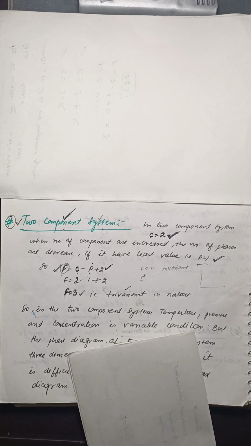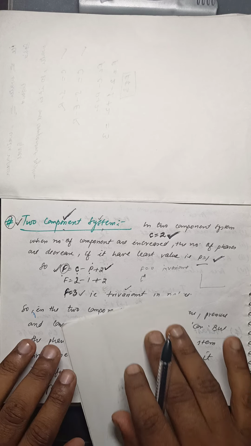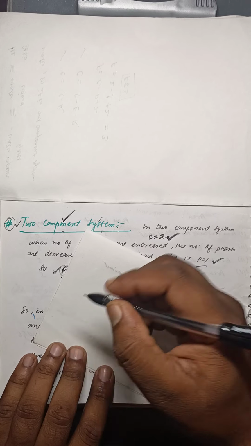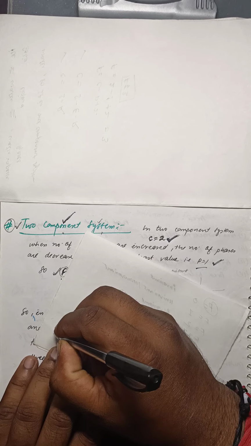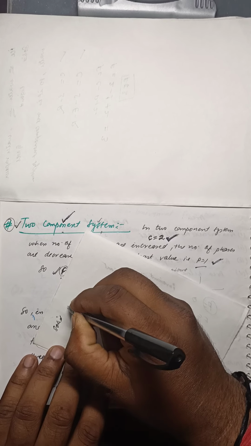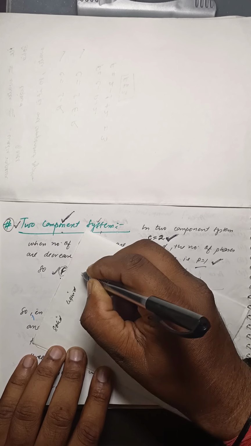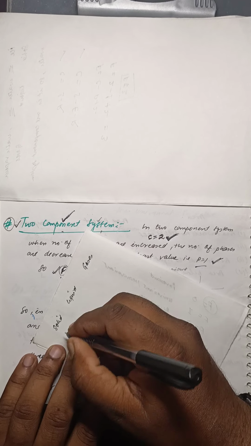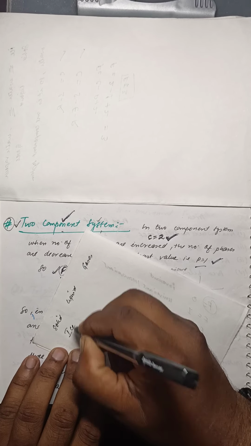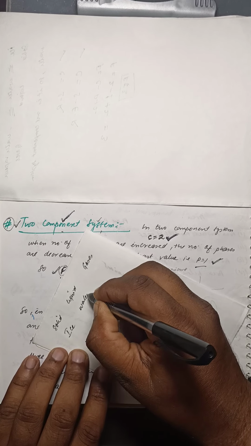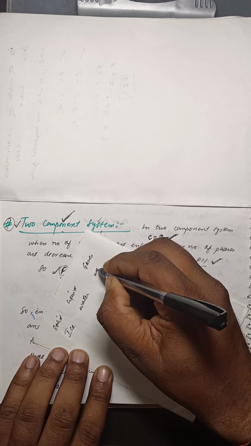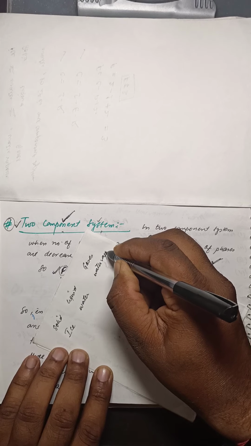The smallest number of independent chemical constituents by means of which the composition of each phase can be expressed, either directly or in the form of a chemical equation, is known as a component. Let us take an example: water exists in three phases, solid, liquid and gas. Solid is represented as ice, then liquid, and then the gas state.